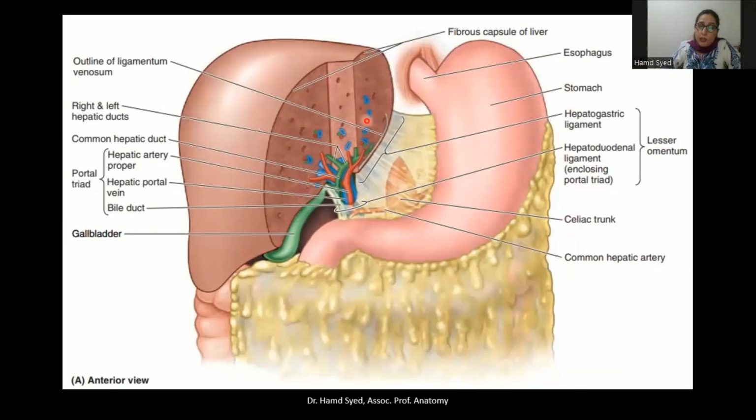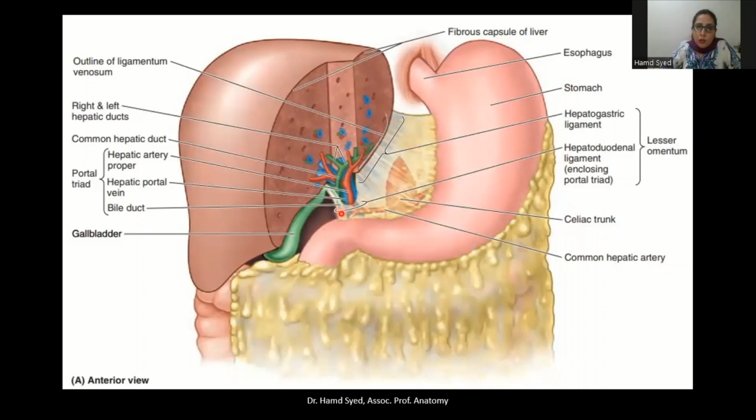So let's look at this ligament over here, the lesser omentum. Let's focus on its attachments on the liver as well as the stomach. Here is the liver, and this is the attachment of the lesser omentum. You can see that it is attached to the proximal part of the duodenum and the lesser curvature of the stomach.